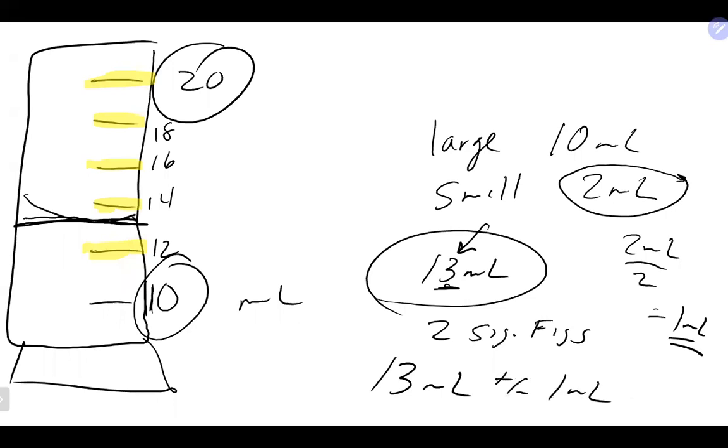The reason we can't say 13.2, 13.5, is that in between 12 and 14 on this particular scale, there's no way to know exactly where 12 ends, 13 starts, 13 ends, right? There's not enough room there to figure that out. So the best we could do is go to the whole number. Questions? Okay. We will stop there for today.